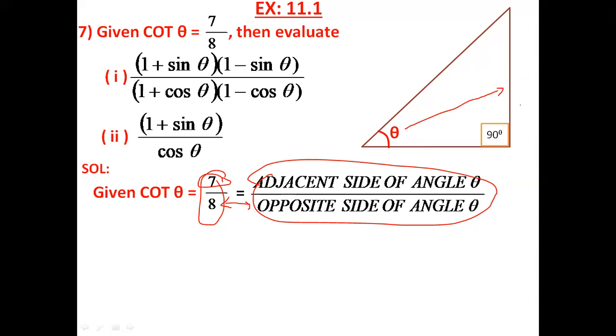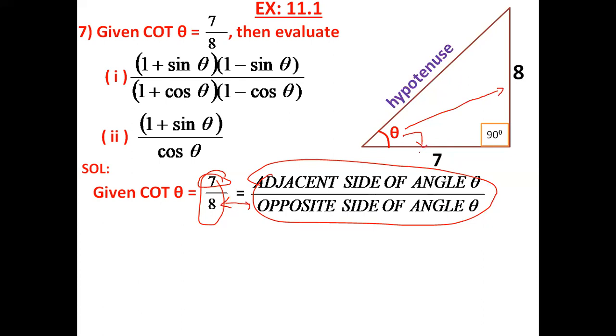Length 8 units. Here you write 8 units. What is the adjacent side? That is 7. So here you write 7. Now this is the hypotenuse, which is opposite to 90 degrees.